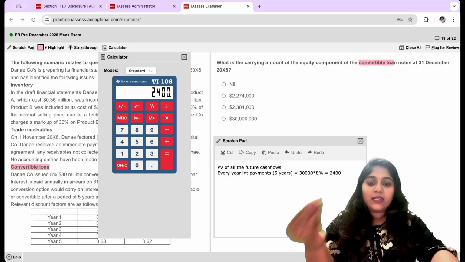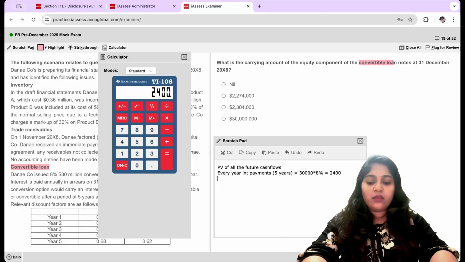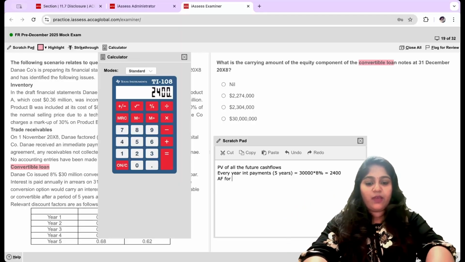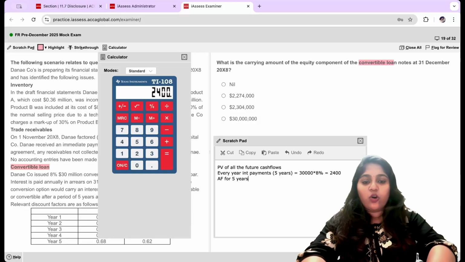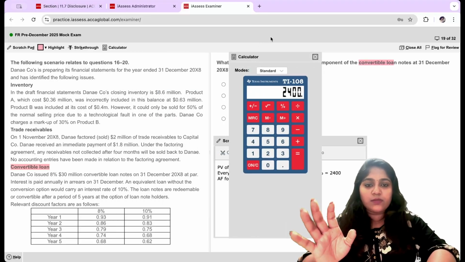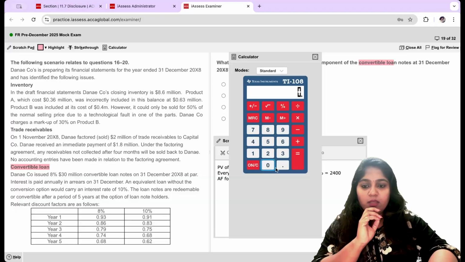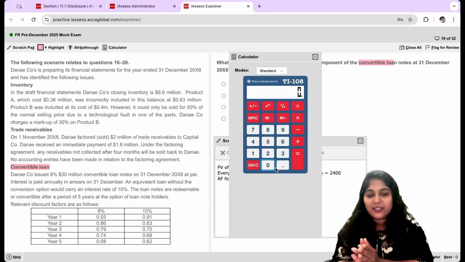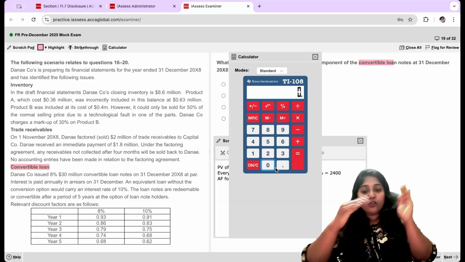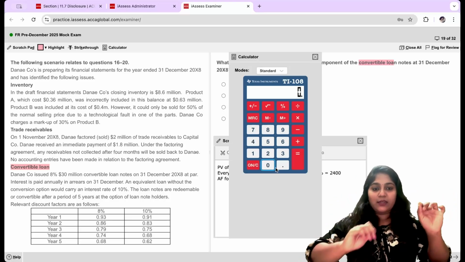So now to calculate the present value, can I take the annuity factor for 5 years? I will add all the discounting factors, that becomes the annuity factor to me. Now do not take the 8% discounting factor. You should always discount it through the market rate of interest.